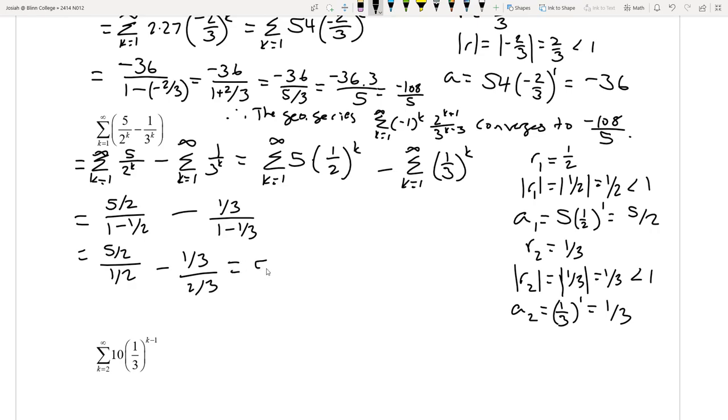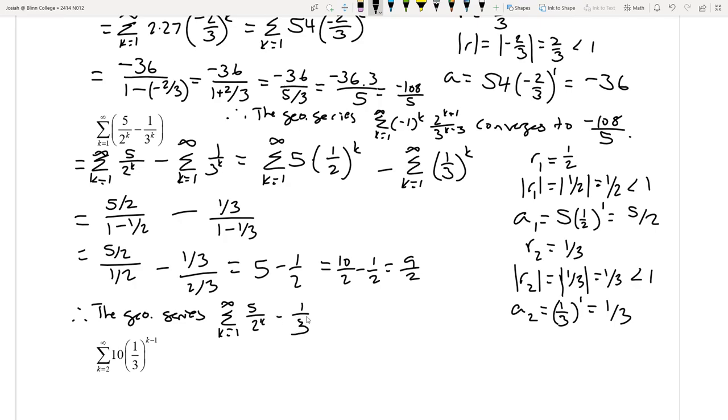So we get 5 minus 1/2, so 10/2 minus 1/2, and we get 9/2 as our answer there. Therefore, we write this up: the geometric series k equals 1 to infinity of 5 over 2 to the k minus 1 over 3 to the k converges to 9/2.